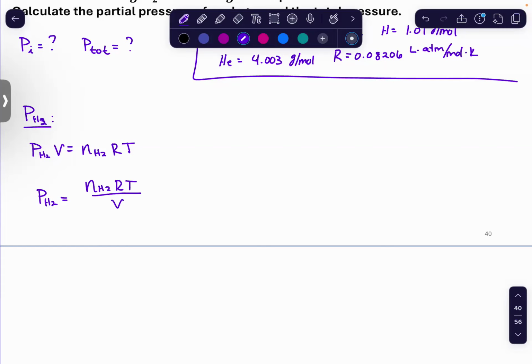Okay, well, how many moles of H2 do I have? Well, I have 1 gram of H2. H2 has a molar mass of 2.02.